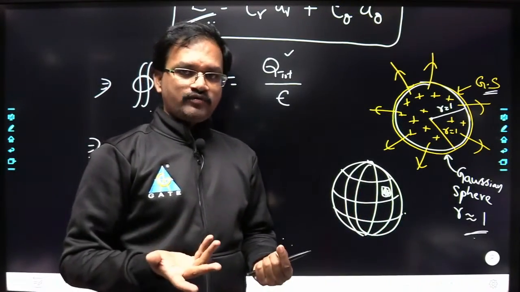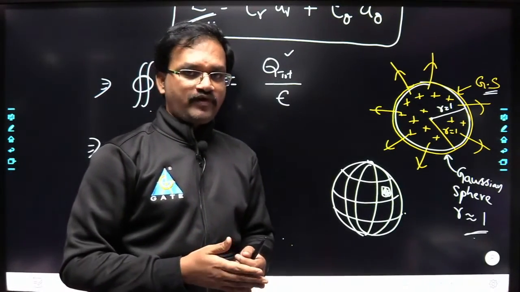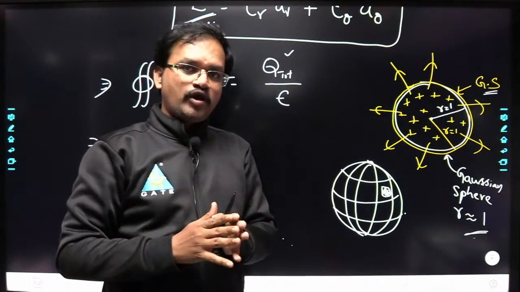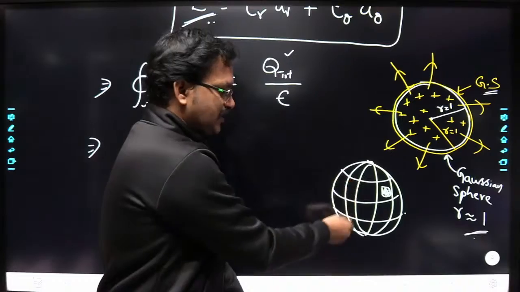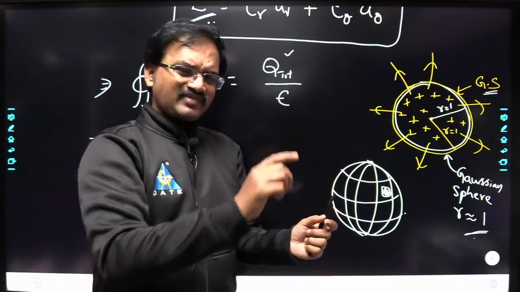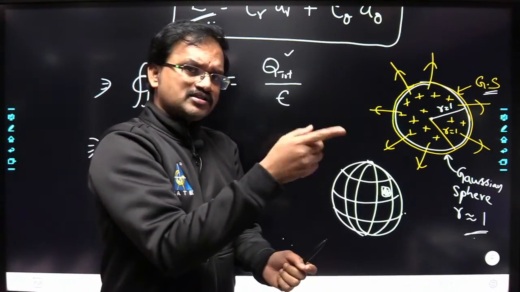R is not going to vary, that means the radius of the sphere stays constant as you move on the surface. Theta is going to vary and phi is going to vary. Theta means movement along the vertical circle, phi means movement along the horizontal circle.